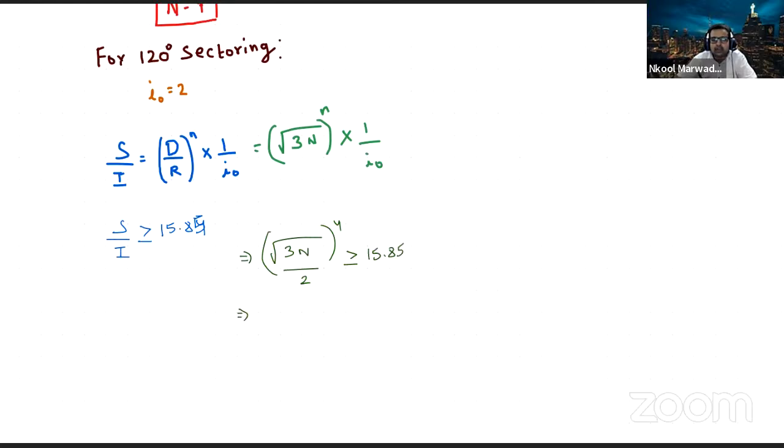Taking 2 to that side, 3n square has to be greater than or equal to 15.85 into 2, so n has to be greater than or equal to root of 15.85 into 2 by 9.